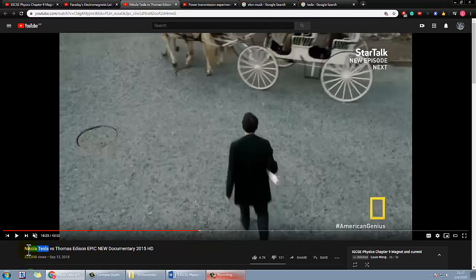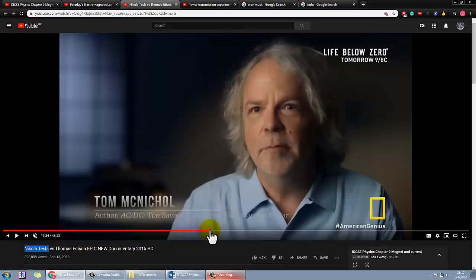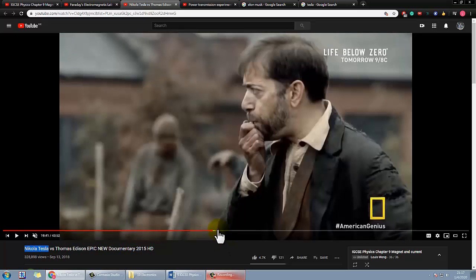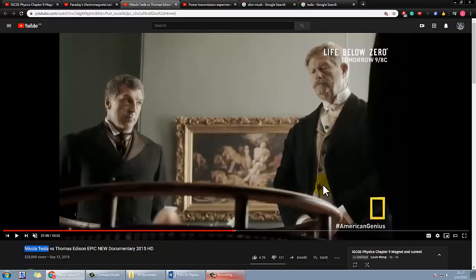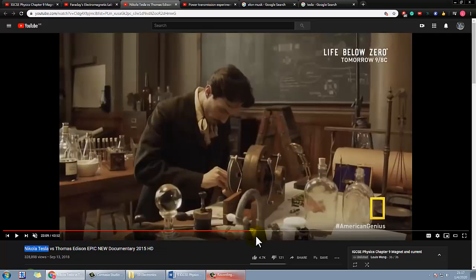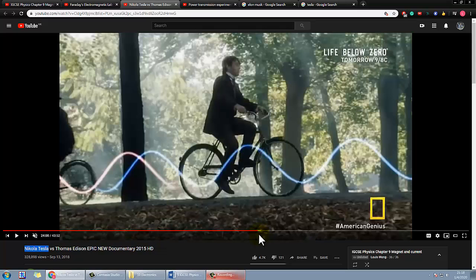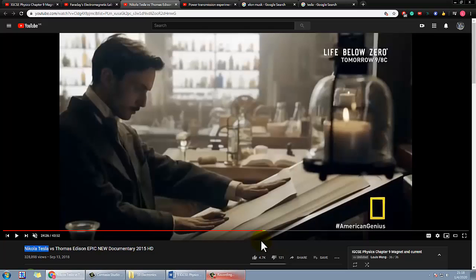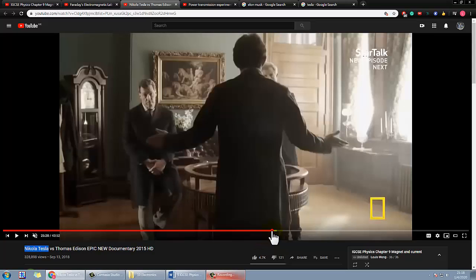Nikola Tesla, being a younger scientist who was also enthusiastic about invention, came to the US to work for Thomas Edison. However, Thomas Edison tried to manipulate him by abusing his talents and his effort.